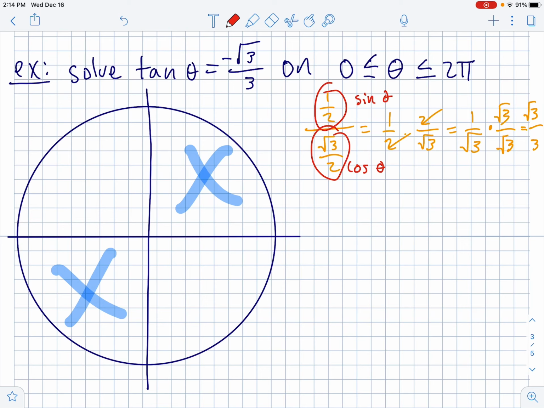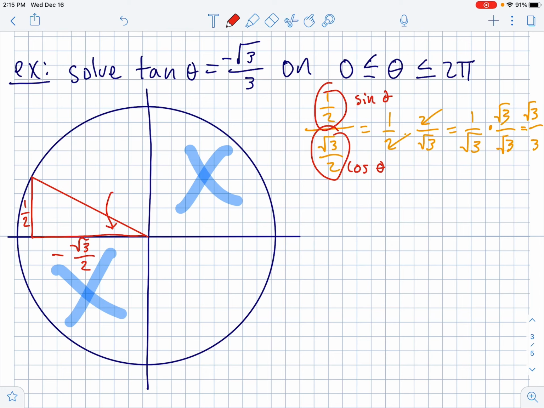The sine has to be 1/2, which means that it's across from the 30. So here's your side of 1/2. That's across from a 30 degrees. And this side would be root 3 over 2, but it's in the negative zone for x's. So let's think.